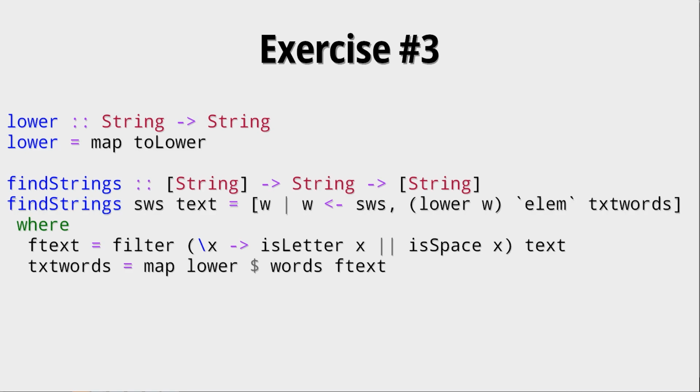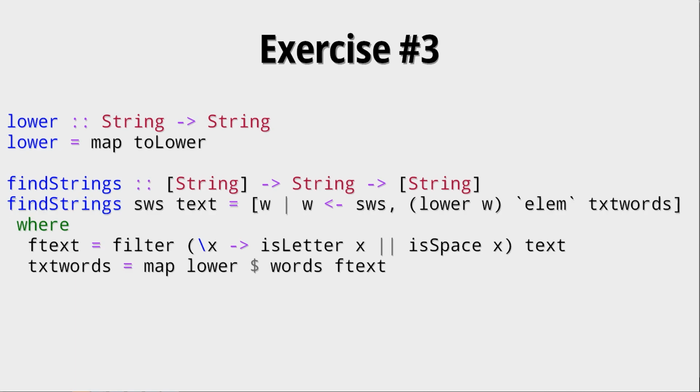Text words is a mapping of lower to the words of ftext. Words is the function that splits a string on a space, meaning that it takes a string and it gives you a list of strings separated by spaces. Okay. But it doesn't call this function words on text, but on ftext.